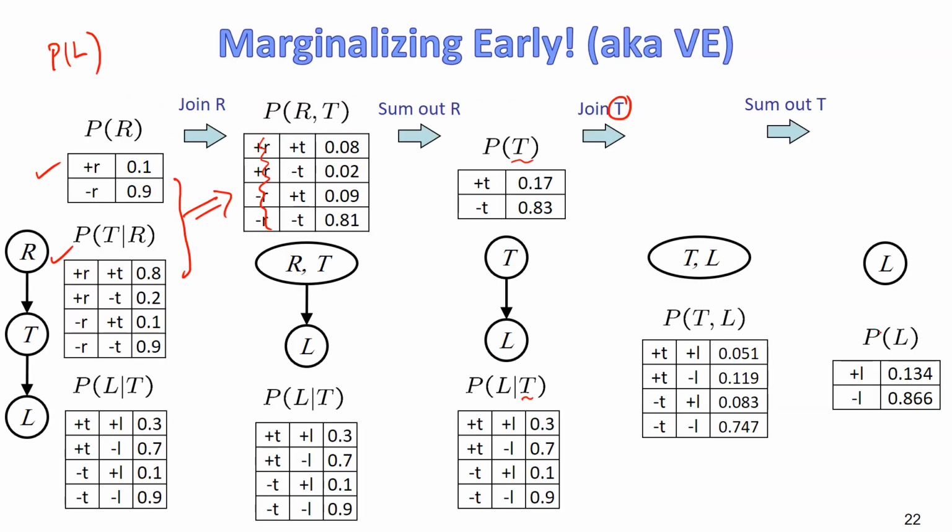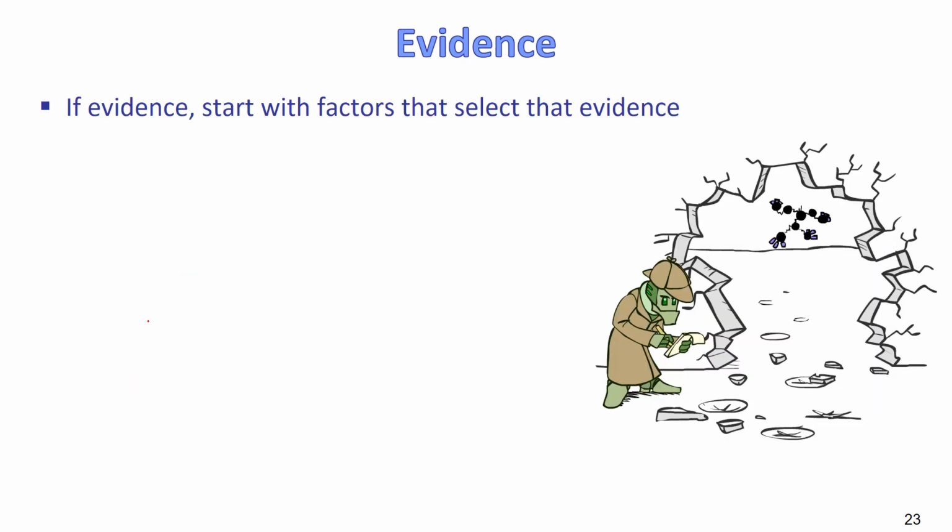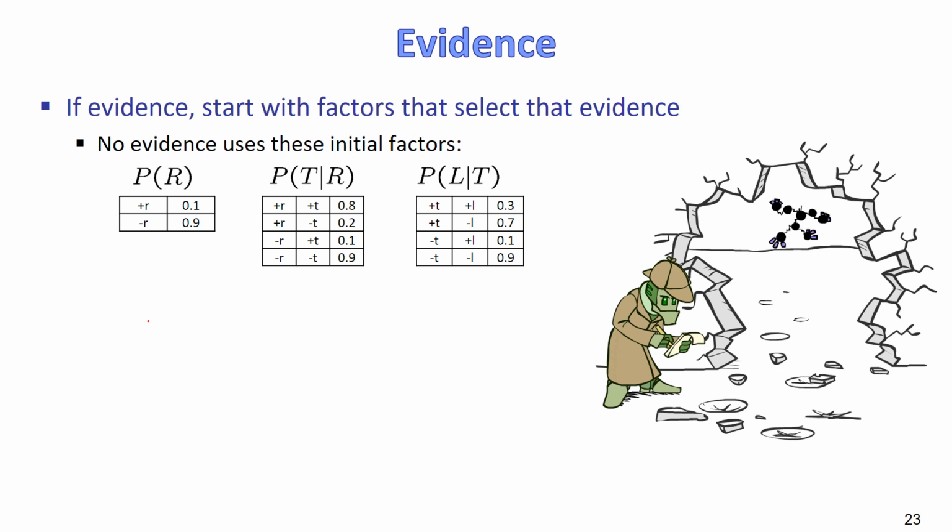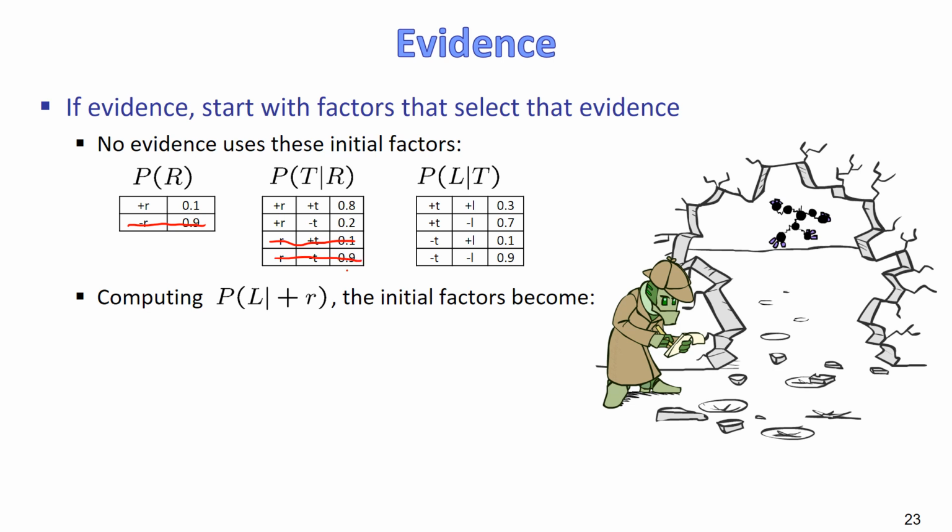That's when we don't have any evidence. So we started with the initial CPTs of the base net. When we have evidence, we will just select from the factors the rows that match the evidence. If we don't have evidence, we start with the initial factors. If we have evidence, let's say plus R, we keep only plus R from here, so we get rid of this.